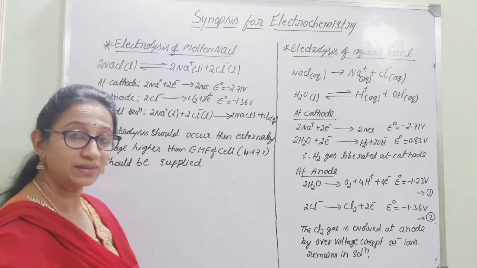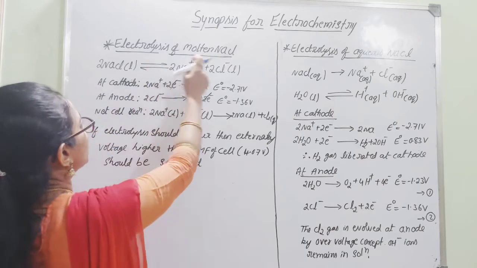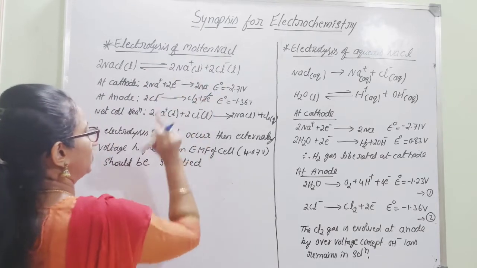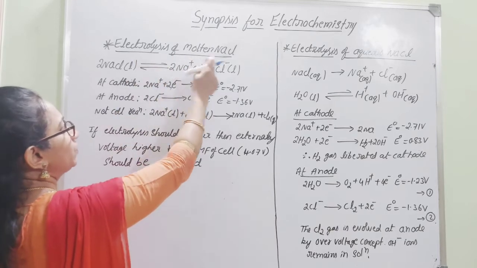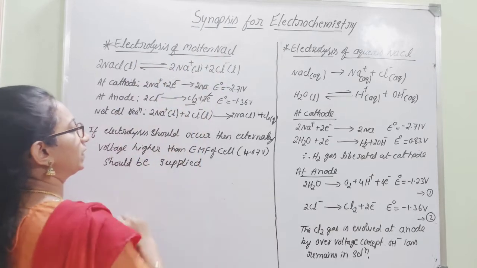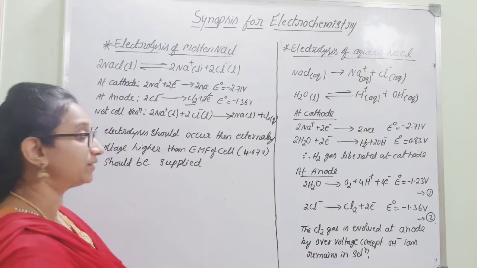So which metal is deposited at the cathode during electrolysis of molten sodium chloride? That is sodium. Which gas is liberated at the anode in electrolysis of molten sodium chloride? That is chlorine. We should highlight these points.